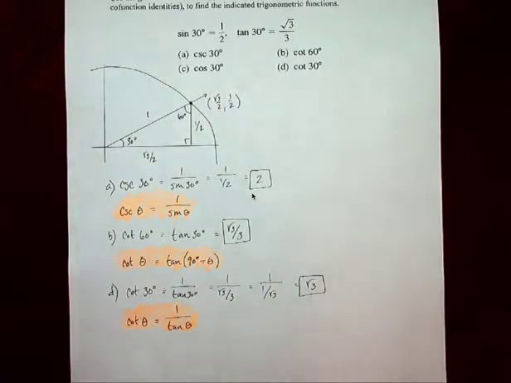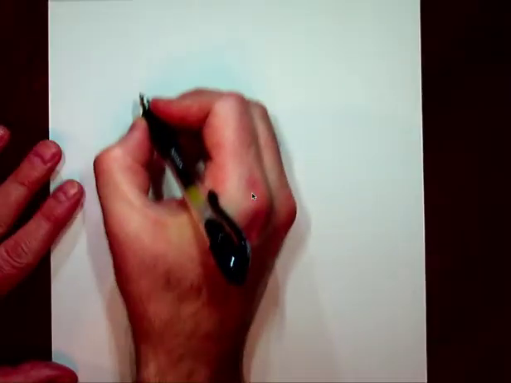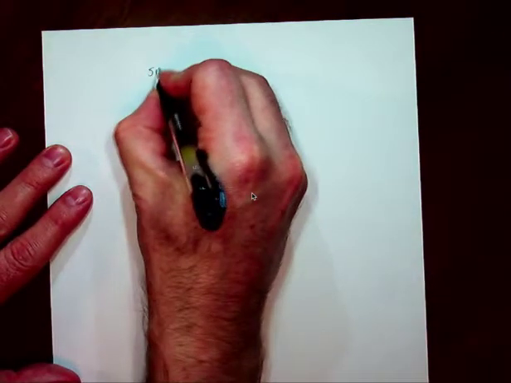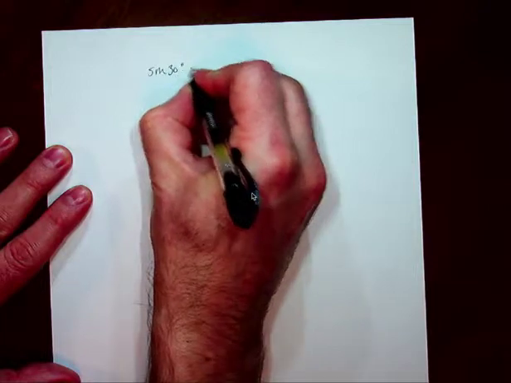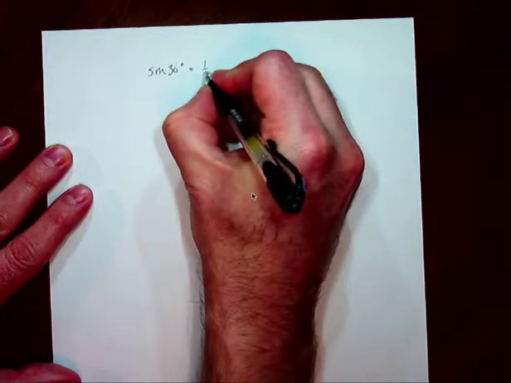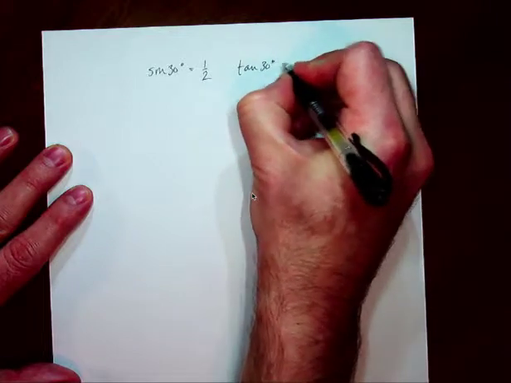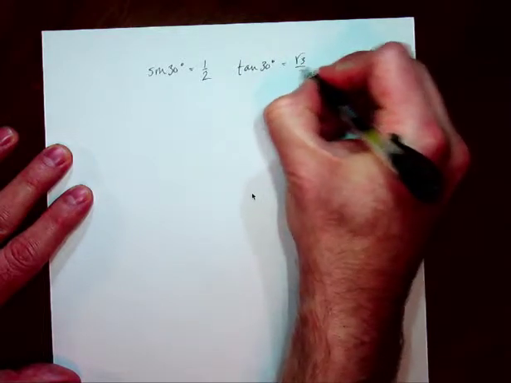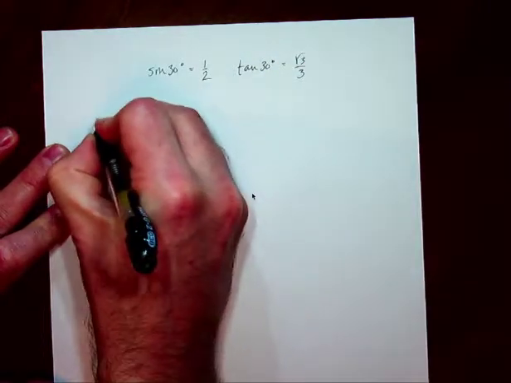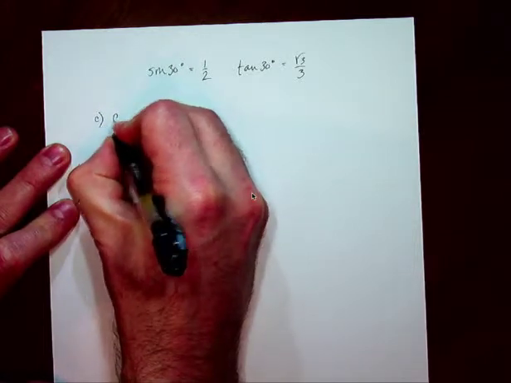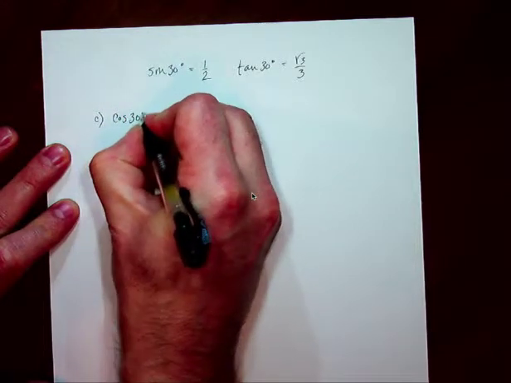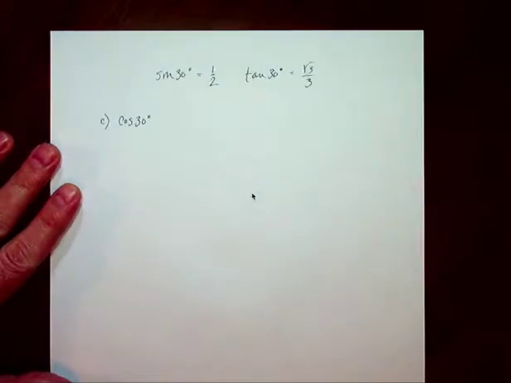Now, what we're going to do is find cosine of 30 degrees, and we're going to do it two different ways. Sine of 30 degrees in our problem was equal to 1/2. Tangent of 30 degrees was equal to √3/3. And in part C, I'm asked for the cosine of 30 degrees. There are two ways that I can do this.